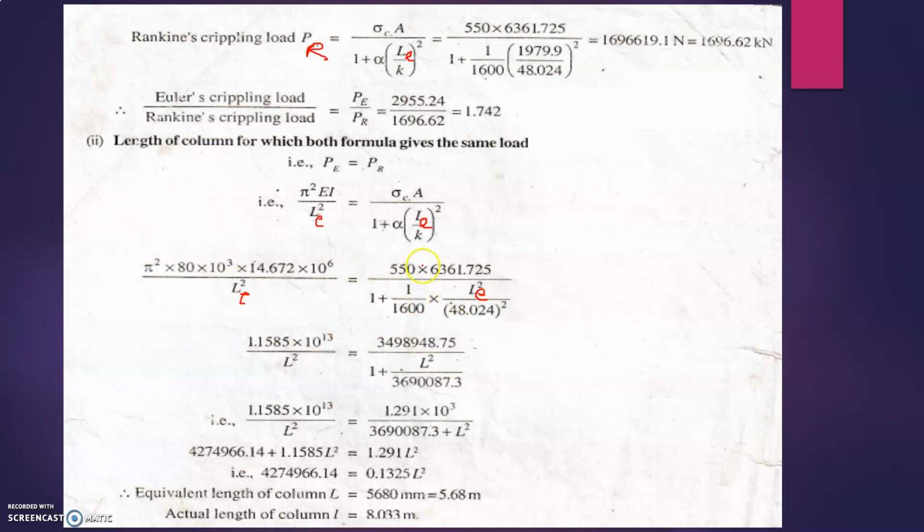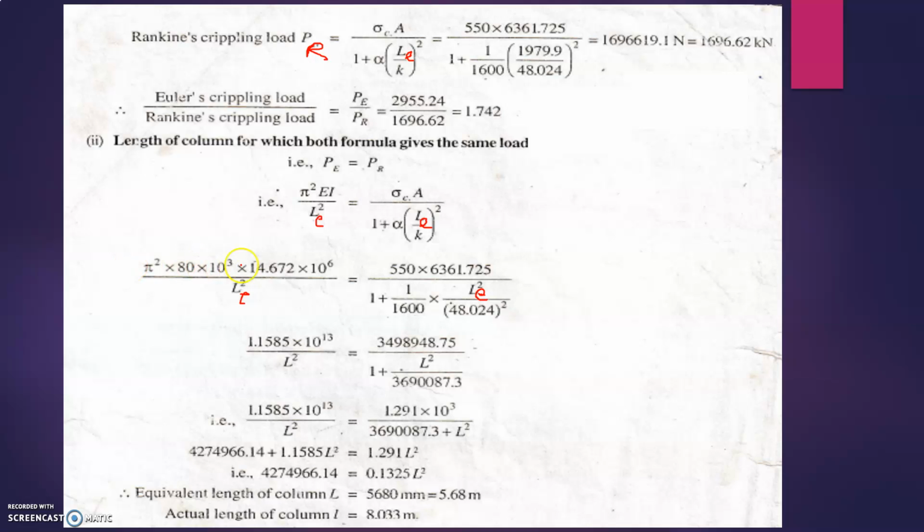Here sigma C is 550 into A is 6361.725, divided by 1 plus alpha is equal to 1 divided by 1600 into LE divided by K. LE we don't know, so let it be like that. K is 48.024 whole square. I have considered LE square divided by K square, where K is equal to 48.024 whole square.